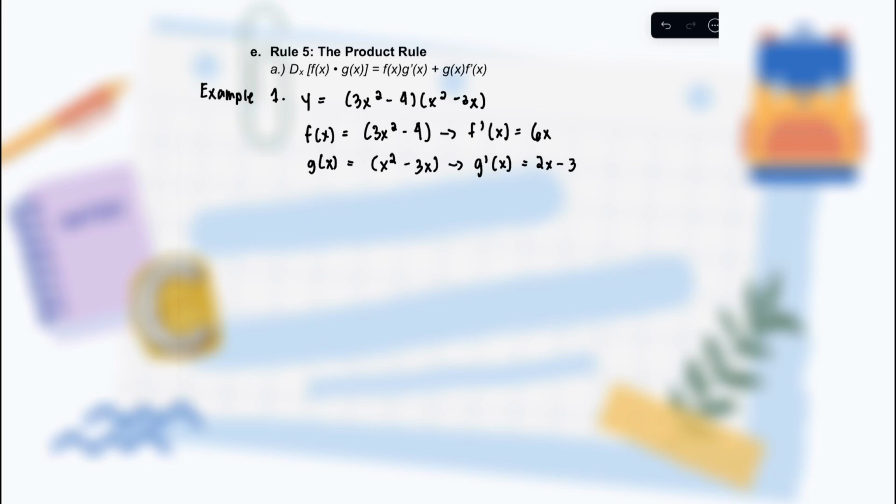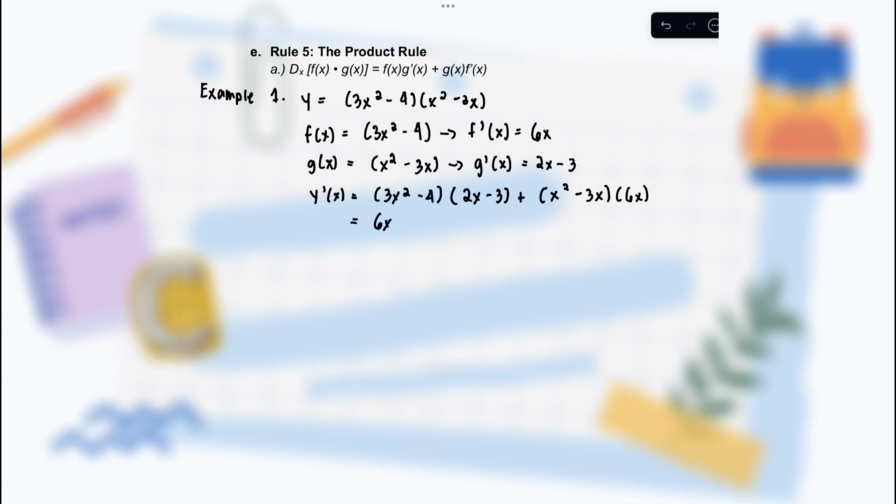So, y is equal to 3x squared minus 4 times x squared minus 3x will be y prime is equal to 3x squared minus 4 times 2x minus 3 plus x squared minus 3x times 6x.